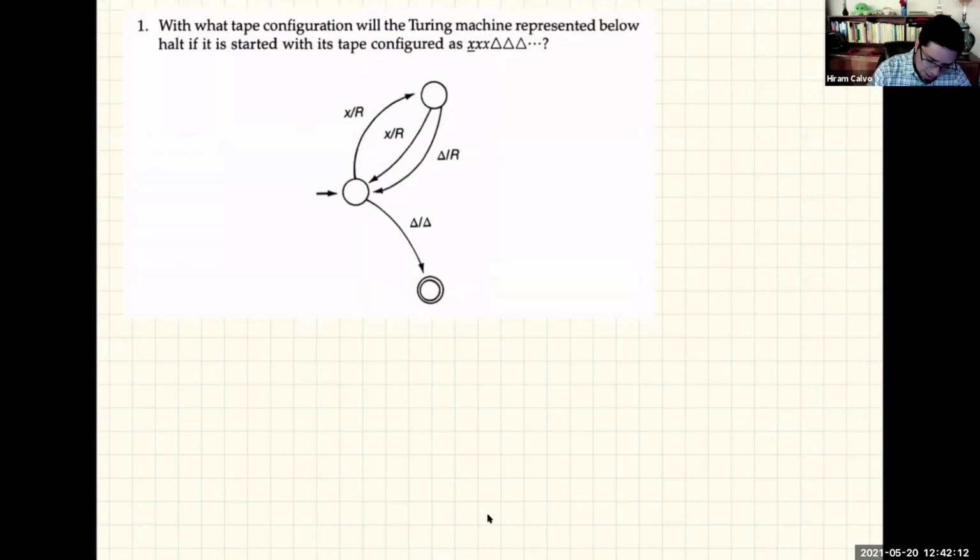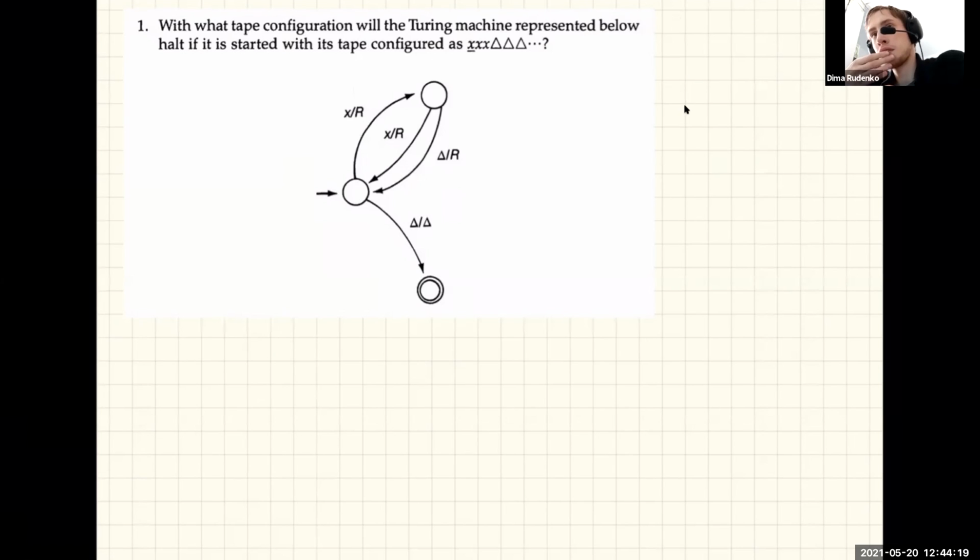We have the configuration of the tape as this, as we have been doing. And the question is, with what tape configuration will the Turing machine represented below halt if it started with this configuration? So I want you to give me the answer, please.